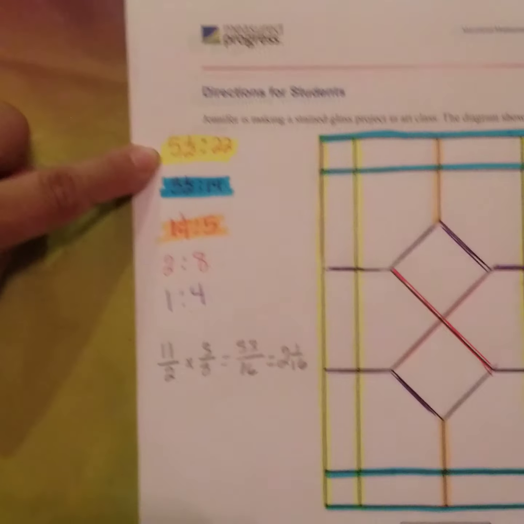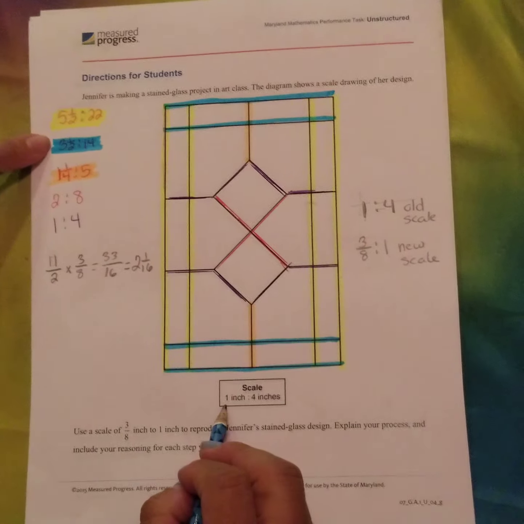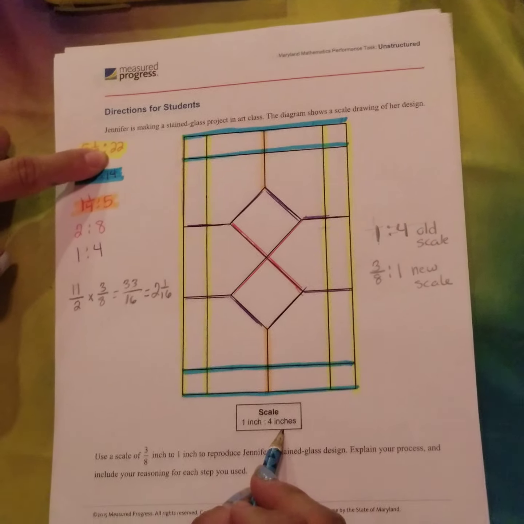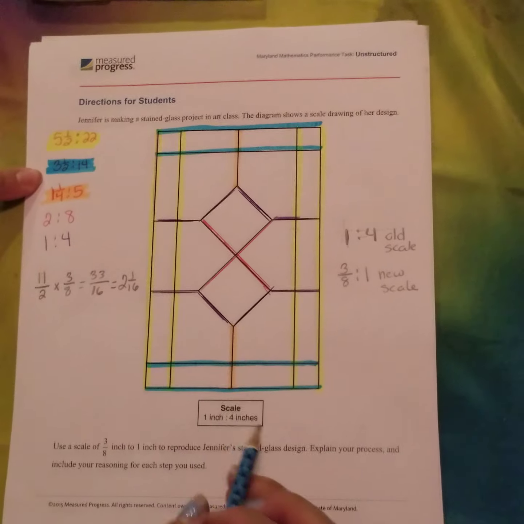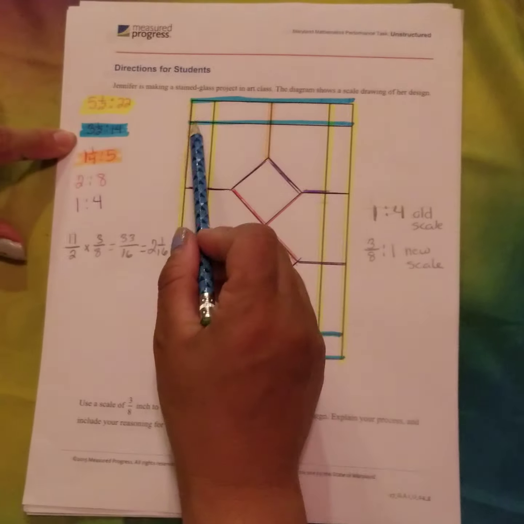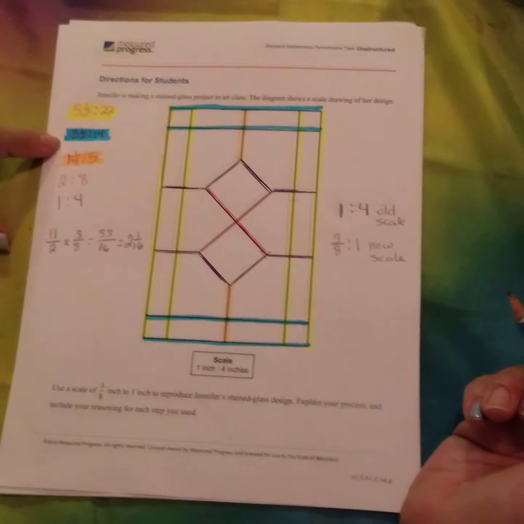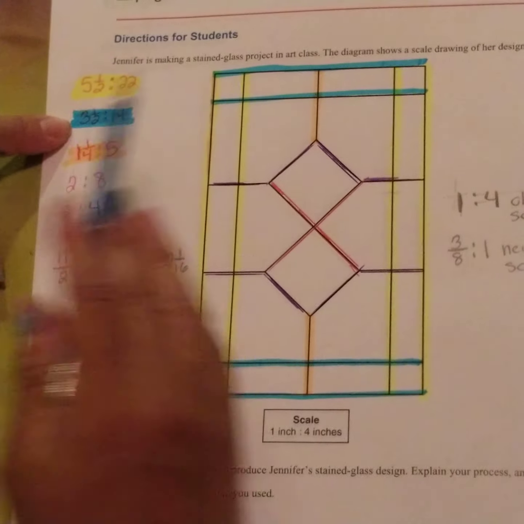So the scale would be 5 1/2 to 22, because 1 to 4, if I multiply this by 4, I get the actual length. Then I took another color and I highlighted these lines because they're all the same. They're all 3.5 inches. So the ratio for those would be, or the proportion would be 3.5 to 14.